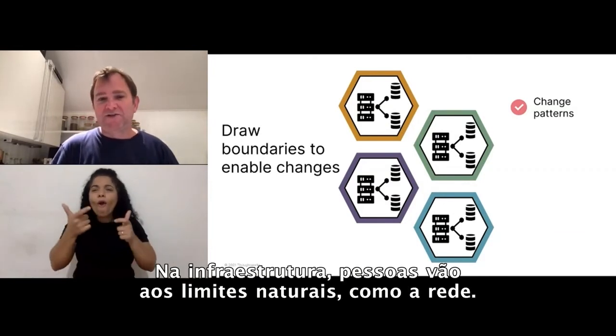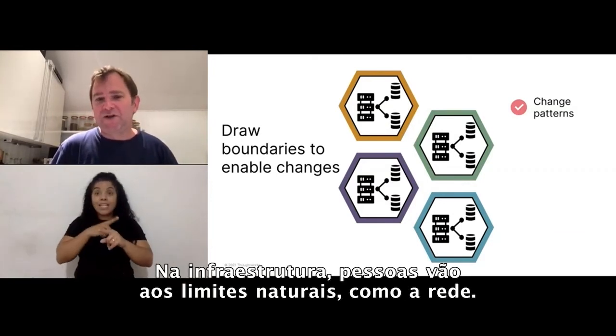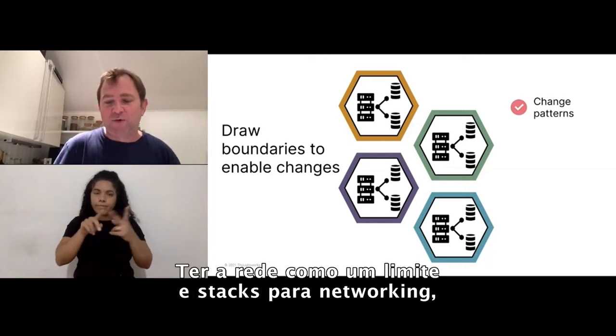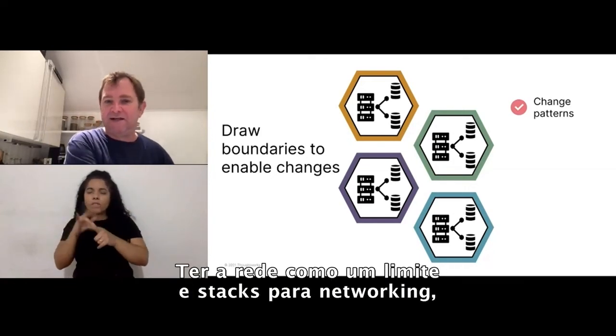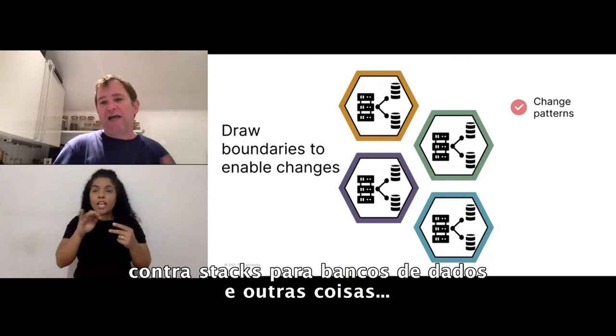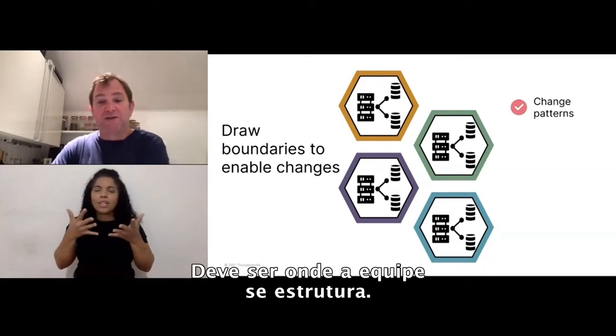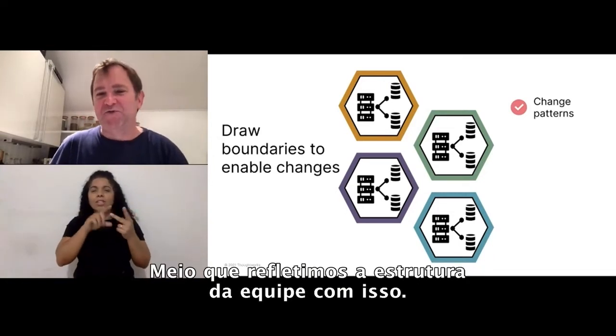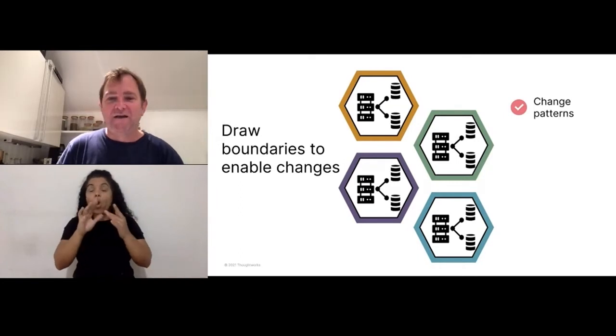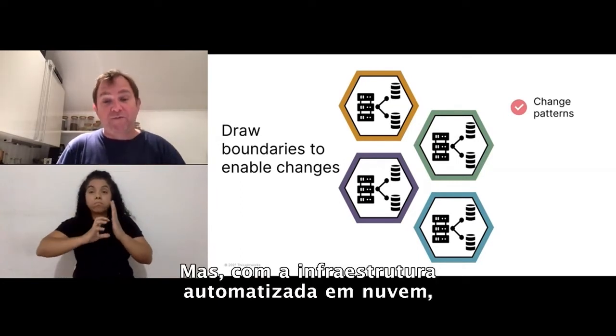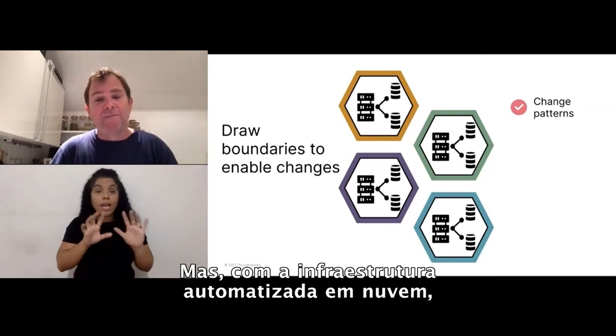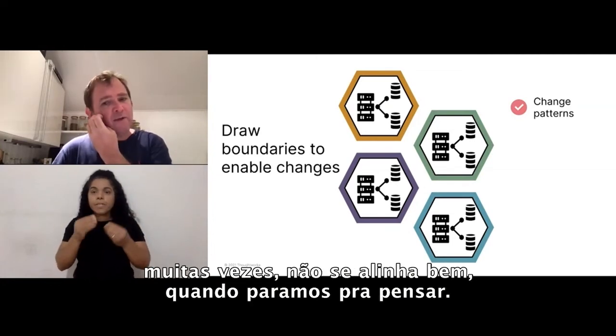So with infrastructure, people often go to natural boundaries like networking. We're going to have networking as a boundary and stacks for networking versus stacks for databases versus stacks for other things, because, well, that's probably where our team is structured, right? So we're going to reflect the team structure when we do that. But with automated infrastructure and cloud, often those don't line up quite right when you think about it.